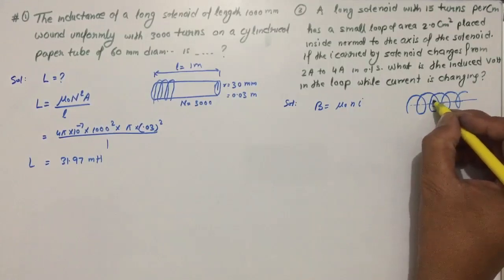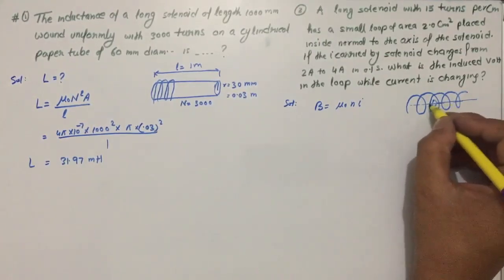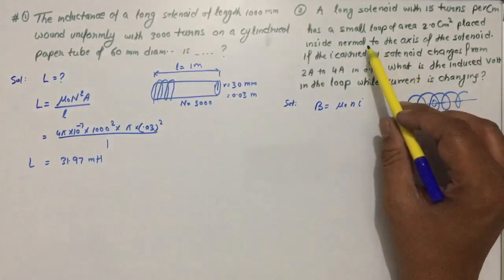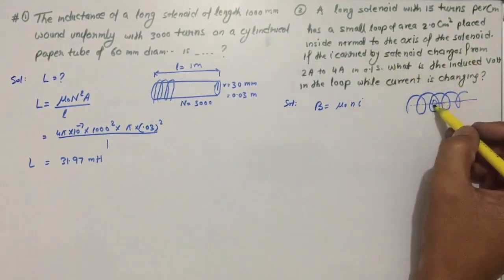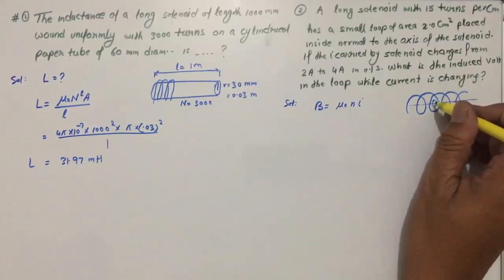A loop of 2 centimeter square area is placed that is normal to the axis as it is given here. The cross sectional area of the loop is 2 centimeter square. Now we have to find the EMF induced in that.